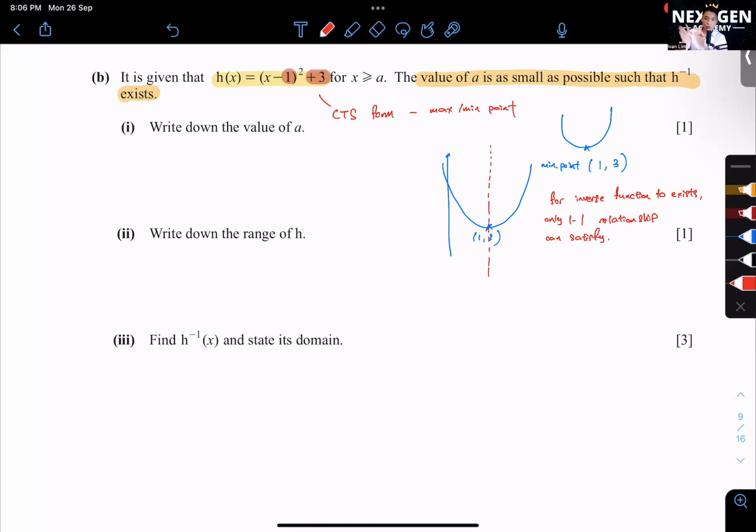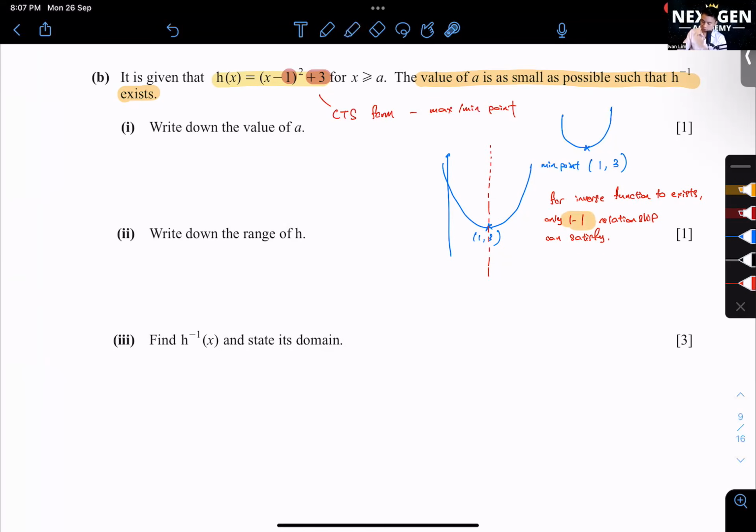Because this is a many-to-one relationship, right? So many-to-one, when you inverse it will be one-to-many, and one-to-many is not a function. We have to go back to the definition of function. Therefore, only for a one-to-one function will the inverse also exist.